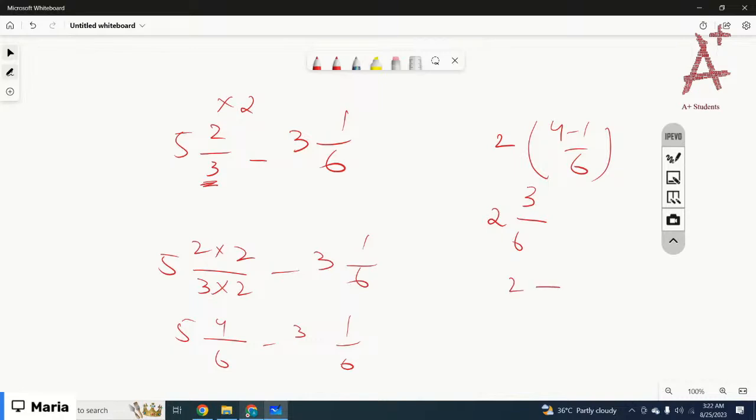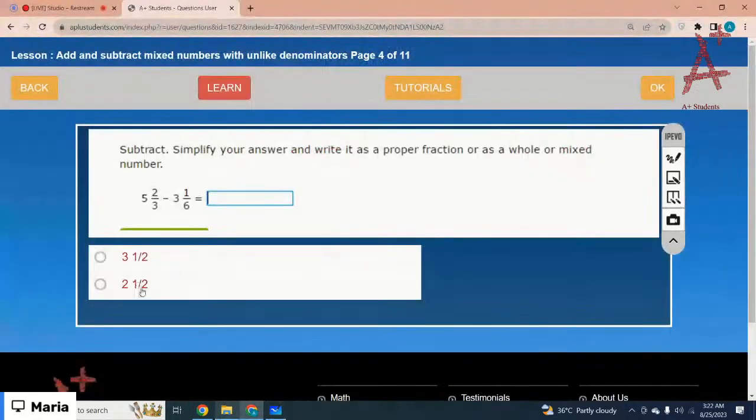You can divide them by the common factor 3. So it would be 2 whole 1 over 2. The correct option is 2 whole 1 over 2. Option number 2 is the correct option.